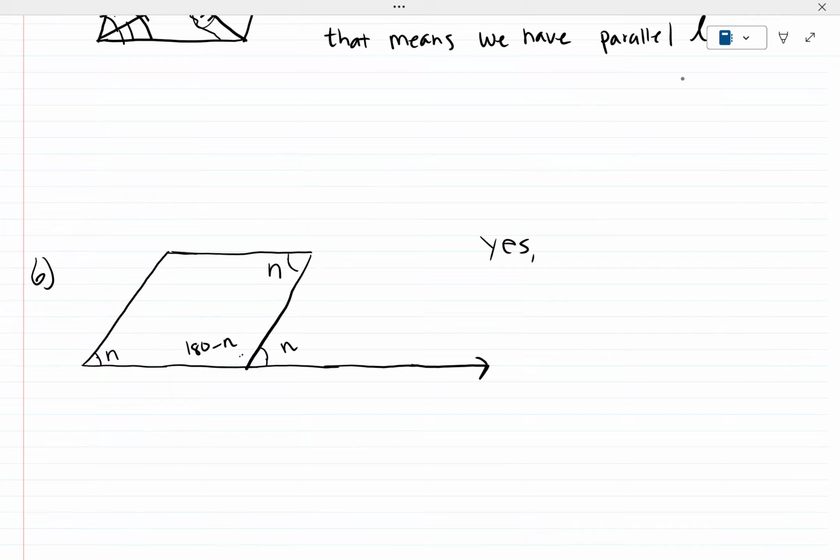So the reason why is because opposite angles are congruent, meaning this angle is congruent with this angle. Yes, opposite.